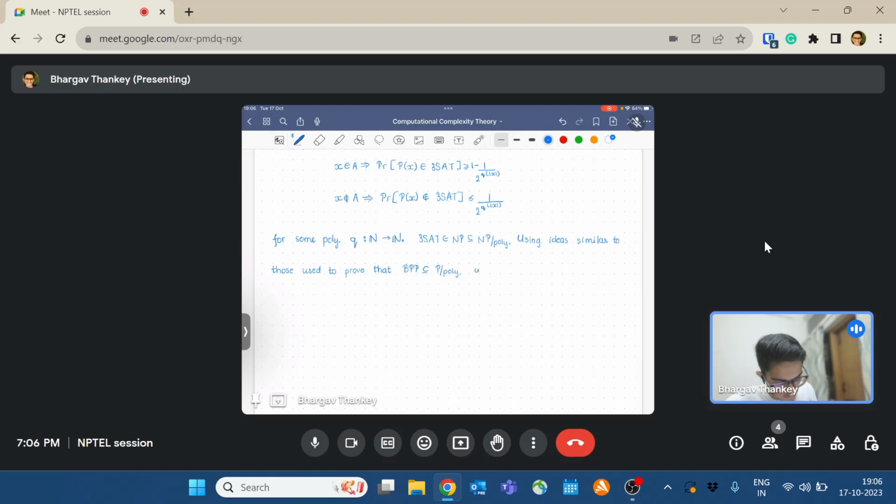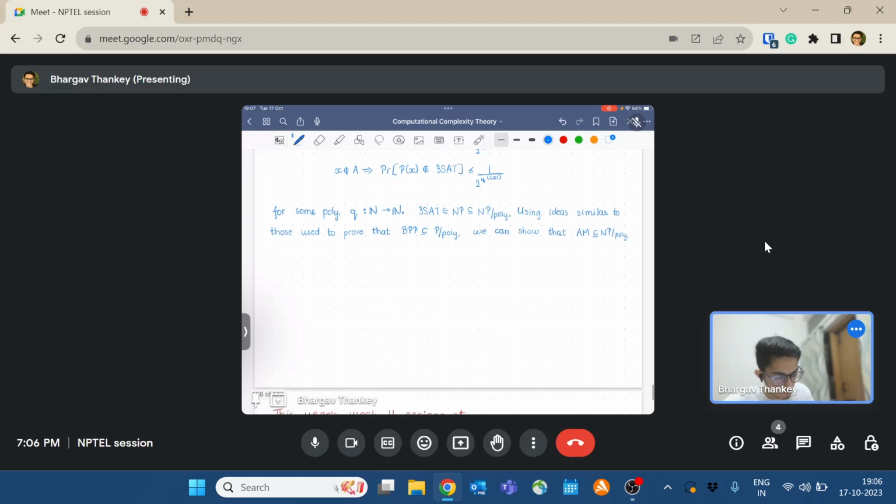We can show that. You can think of this as just a non-deterministic version of this, and the proof is almost the same. So we can show that AM is in NP/poly.